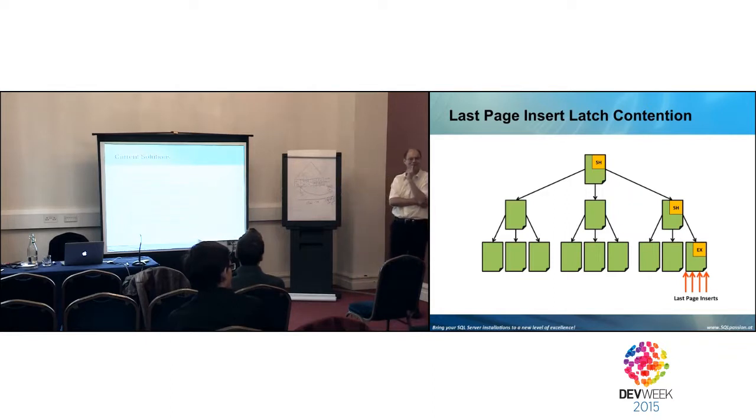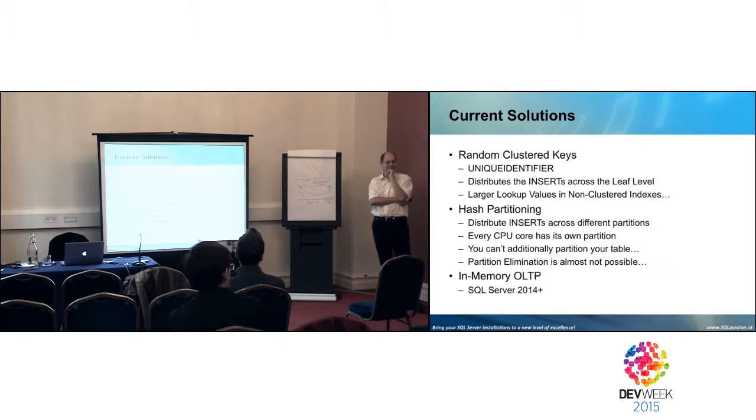We use a random clustered key value like a unique identifier. Just think about that. You can use the unique identifier value to improve the throughput of your application. Previously, we have said the unique identifier value is a crazy idea because it degrades the throughput. Now we are saying the opposite.